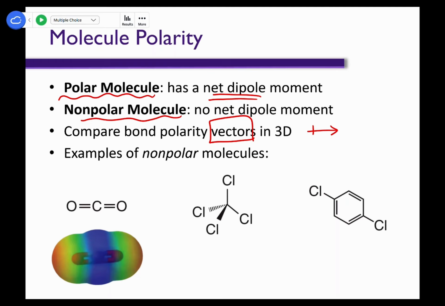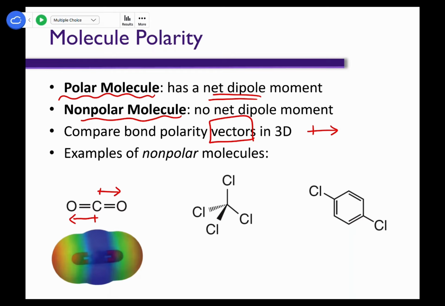So for some examples of non-polar molecules, here we have carbon dioxide on the left. Oxygen is more electronegative, so it is pulling that electron density towards itself. But we also have another oxygen pulling that electron density exactly in the opposite direction.